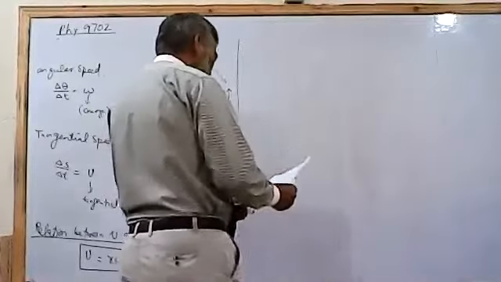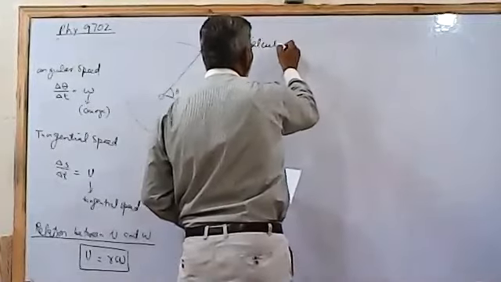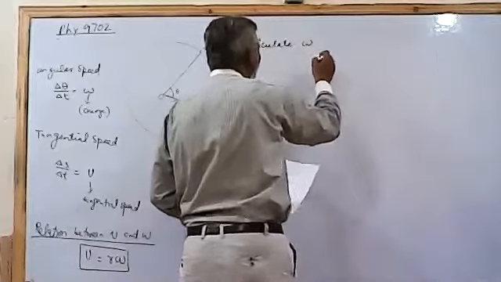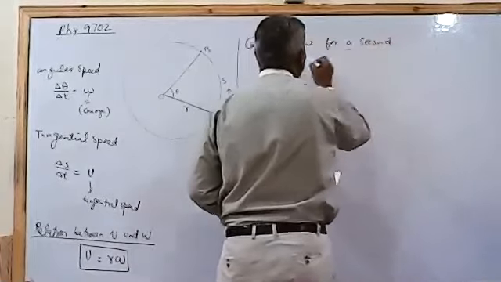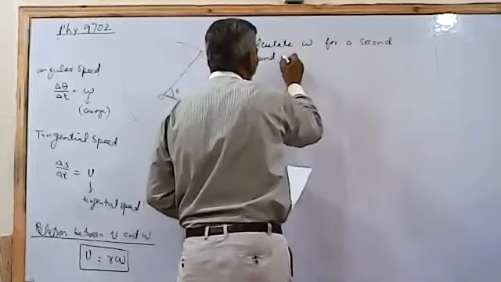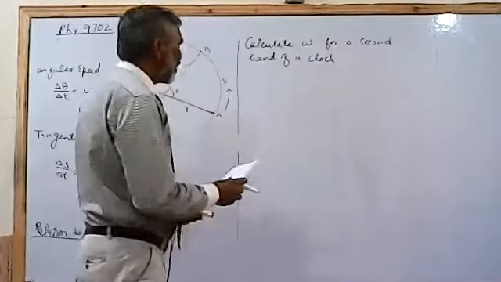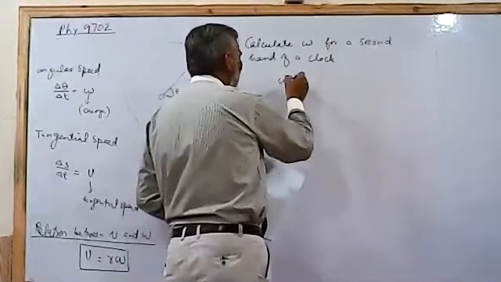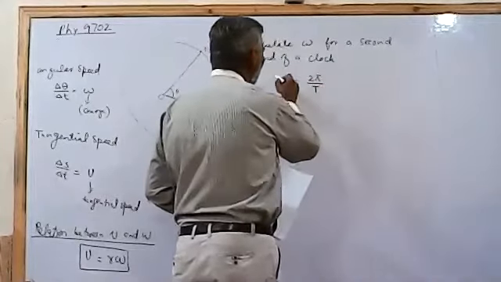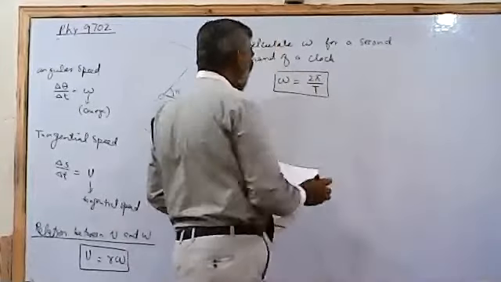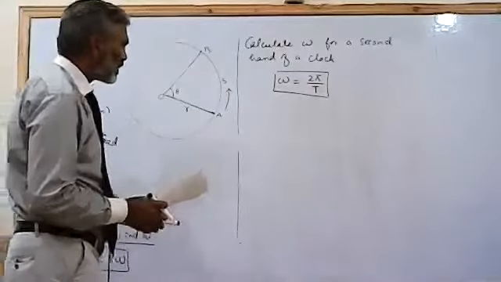For example, if you are asked to calculate omega for the second hand of a clock, I will use this relationship, omega equals 2 pi over T. You will remember this relation as well, because time period is related to angular speed through this equation.